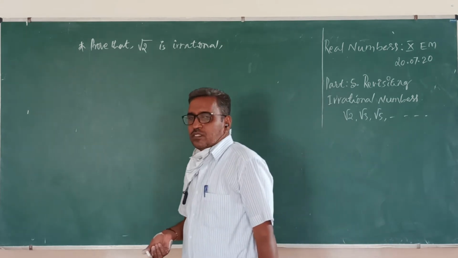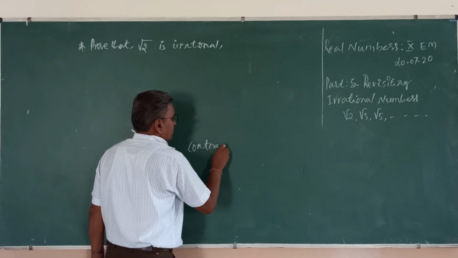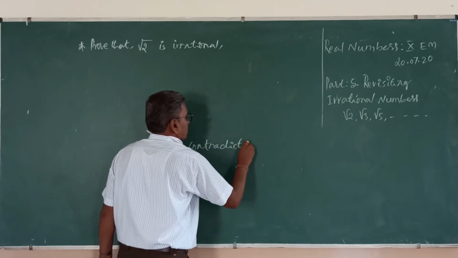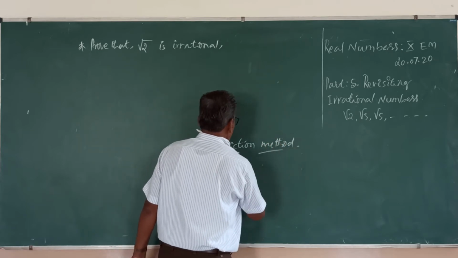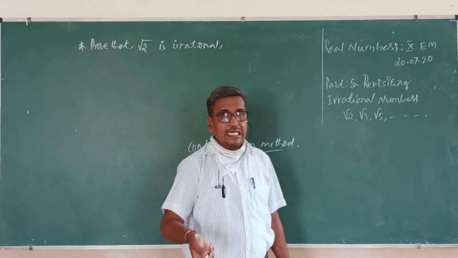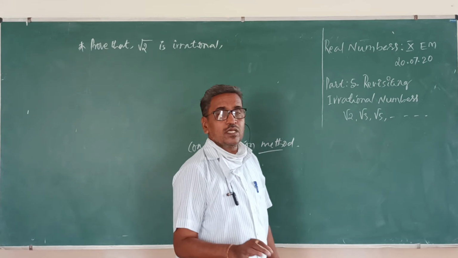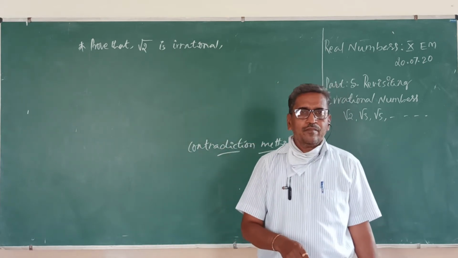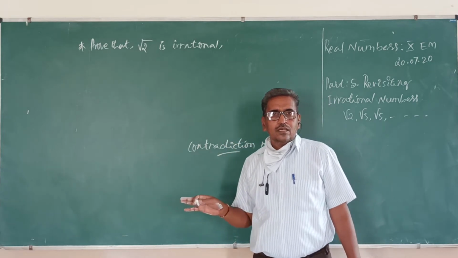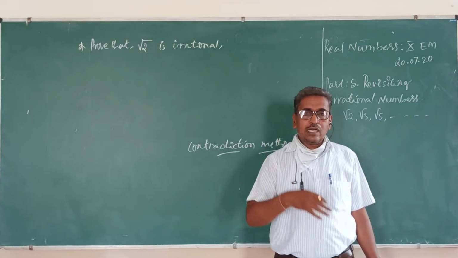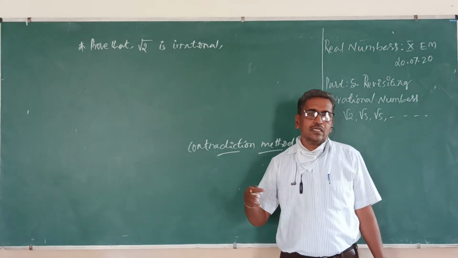Here one method we are using is the contradiction method. What is the contradiction method? To contradict means first we assume that root 2 is a rational number, then with the help of the steps and theorem we show that the assumption is wrong, so it is an irrational number.